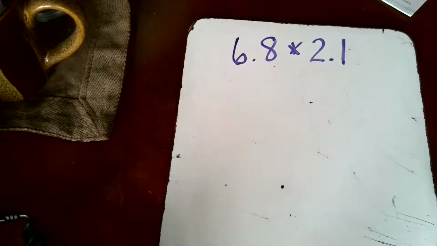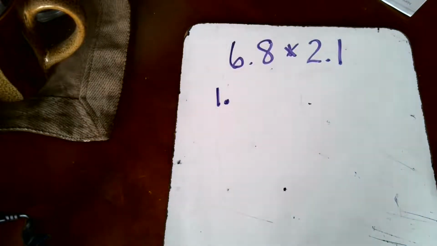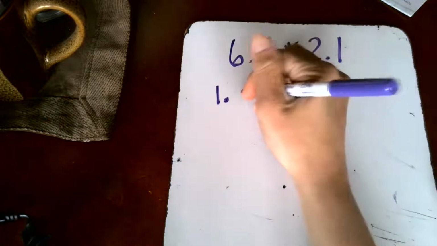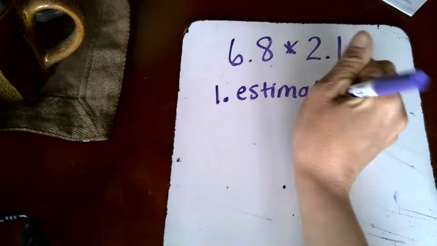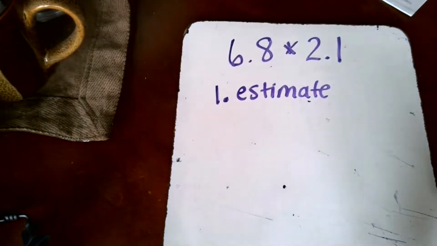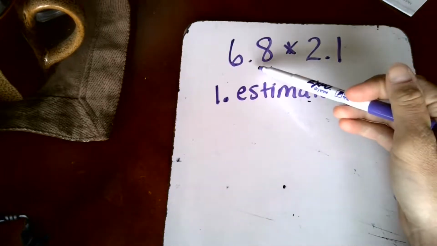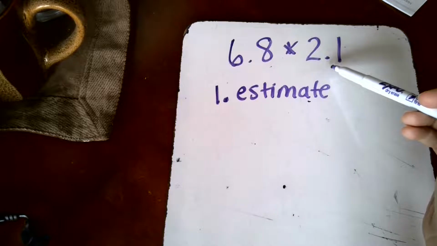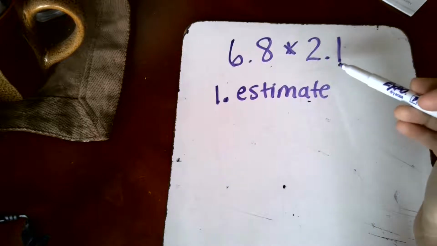All right, so first, since this is called the estimation strategy, step number 1 is to make our estimate. So I'm just going to write that down. Step number 1 is to make an estimate. How do we do that? We learned this the other day. You change your numbers to whole numbers so you can multiply in your head and get a rough estimate of what your answer should be.